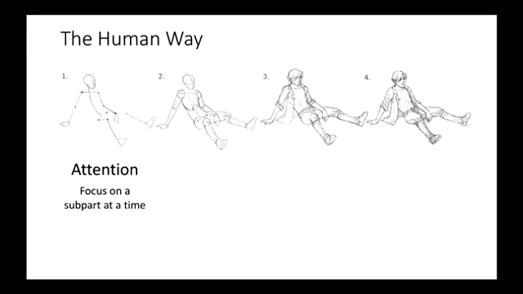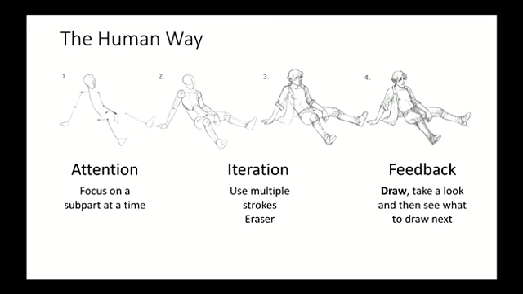If you want to develop a face, you can only look at this face and keep refining it, and you don't worry about how the leg positions are, for example. Second is iteration. All of us use multiple iterations, multiple strokes. Sometimes we erase. And third is feedback. We draw, then we take a look at how it looks, and then we get intuition that something needs to be changed. So there is some feedback loop.